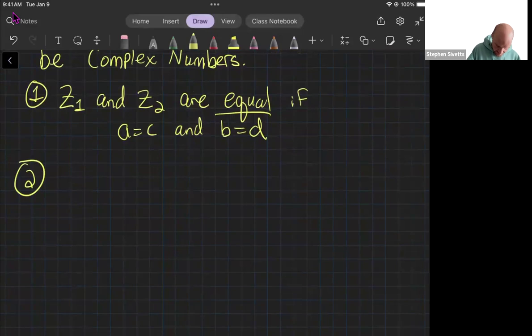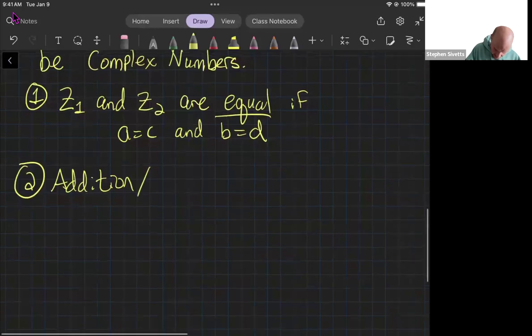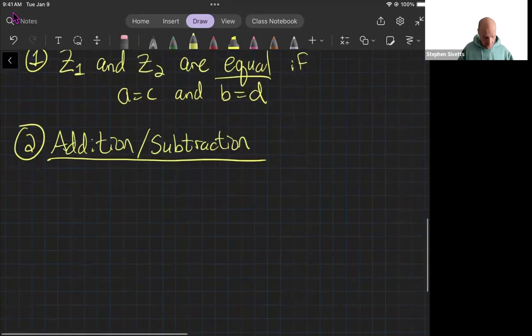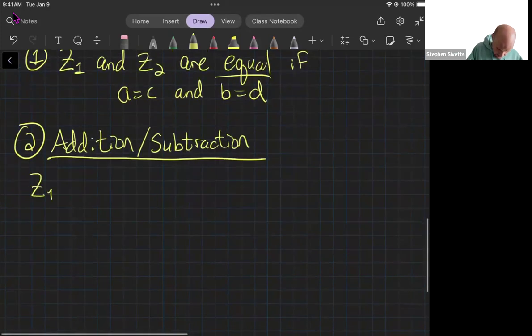Also with addition, and this works the same way as subtraction as well. So it's similar to what you've seen in algebra, right? We combine like terms. Okay, so if I have Z1 plus Z2, right? A plus BI plus C plus DI.